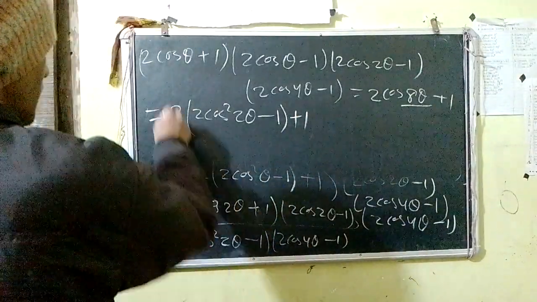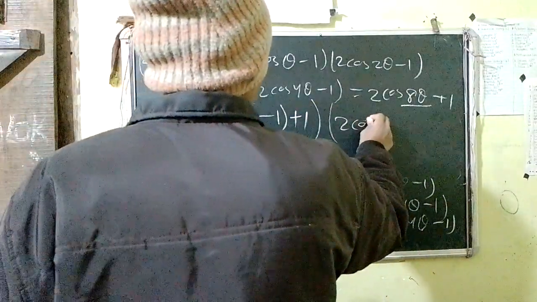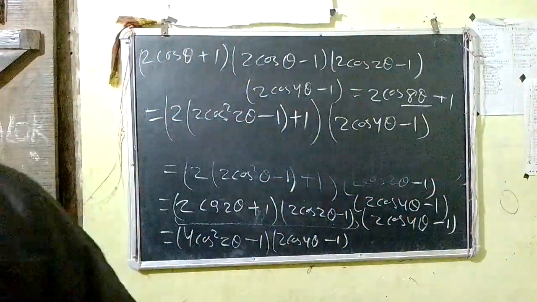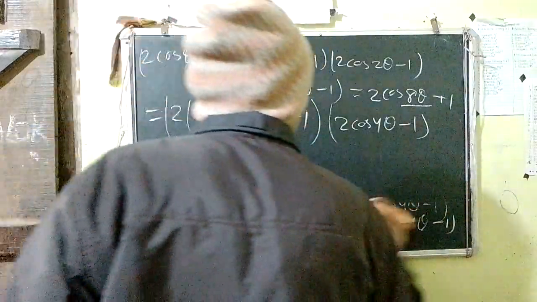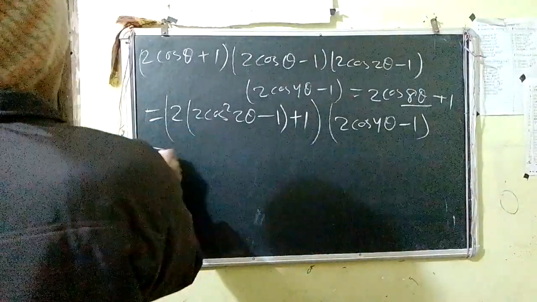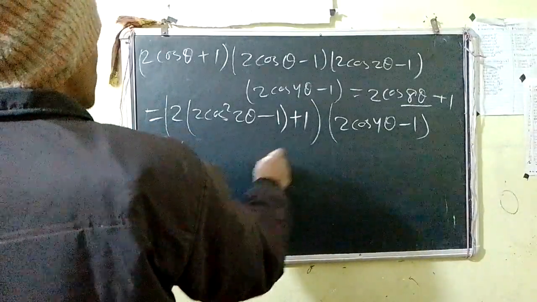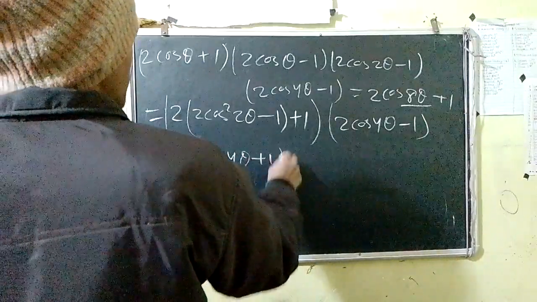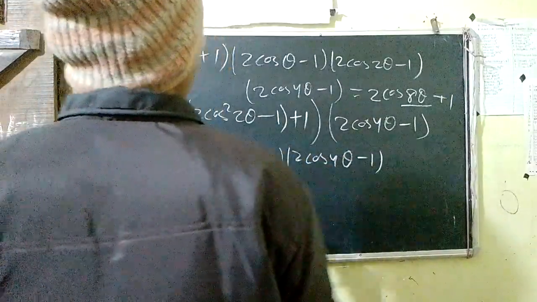And this thing times 2 cosine 4 theta minus 1. So this is what it becomes. Let's wipe all of this. So this becomes 2 as it is, and 2 cosine squared 2 theta minus 1 becomes cosine 4 theta plus 1 times 2 cosine 4 theta minus 1.